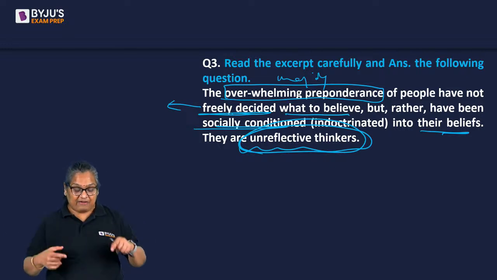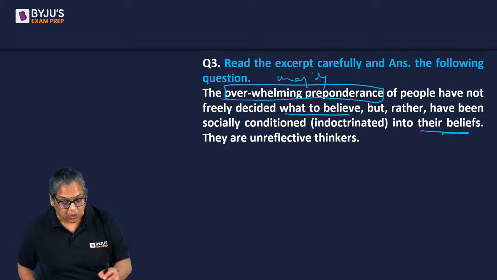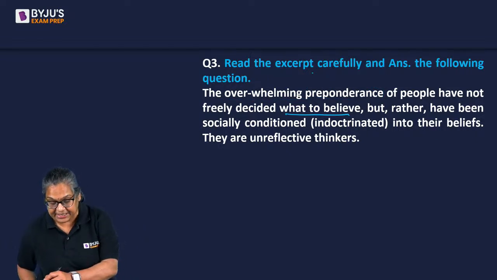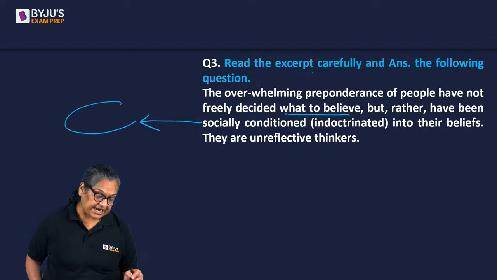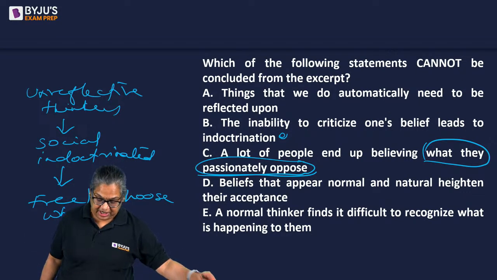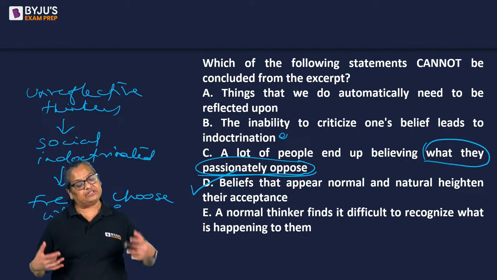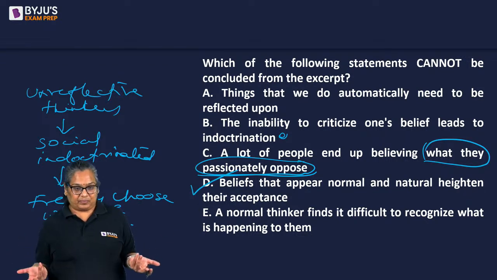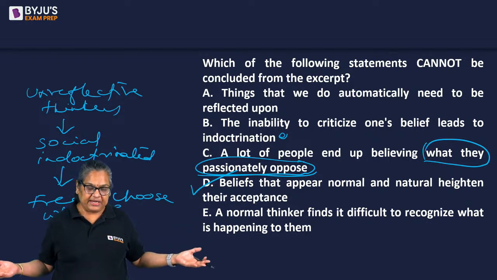Majority of us have not freely decided what to believe. If you have been socially conditioned, that means society has decided. So whatever society accepts, you are accepting. That is part of the social conditioning. Therefore, anything which appears normal to society, which is accepted, everybody is accepting it, so that makes it more acceptable.